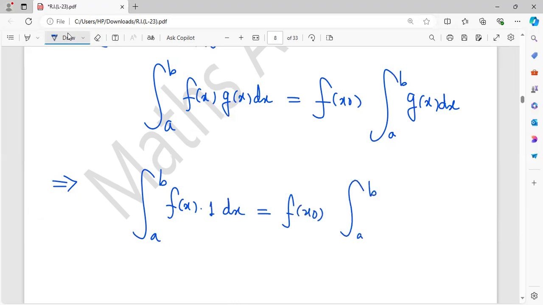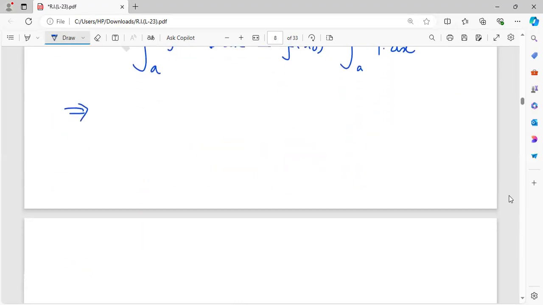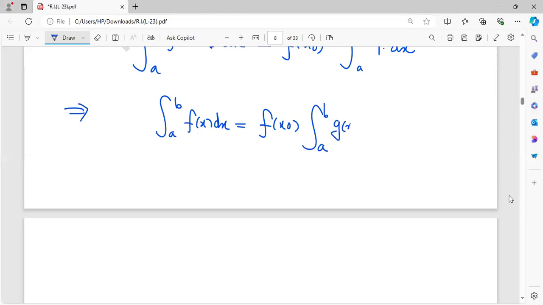The integral from a to b of 1 dx. So what is this? The integral from a to b of f(x) dx is equal to f(x0) times the integral from a to b of g(x) dx.